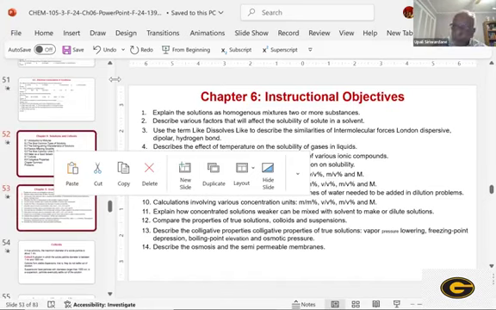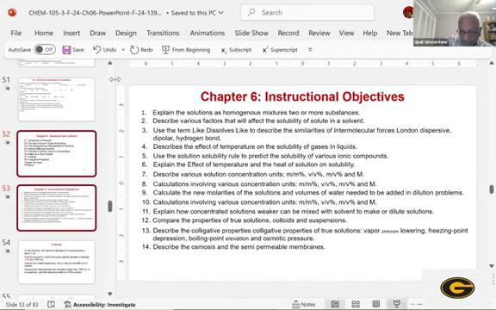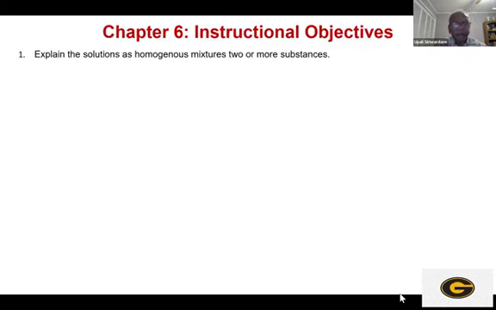I am going to go over instructional objectives and review what we have done. We try to explain homogeneous mixtures in terms of solutions.